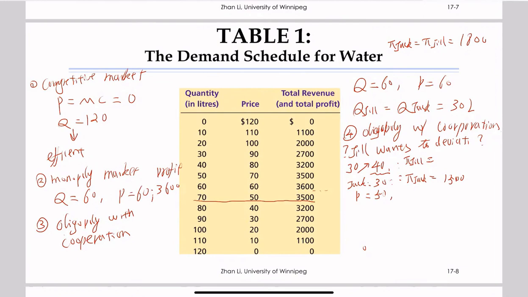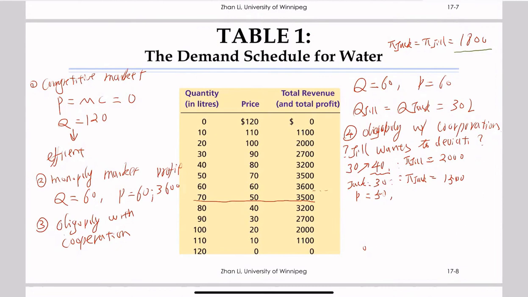So Jill's profit is 40 times 50, so it's 2000. Okay, great. Now let's compare numbers. If Jack and Jill cooperate, Jill can earn 1,800.